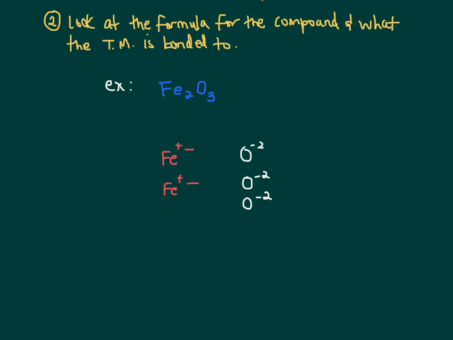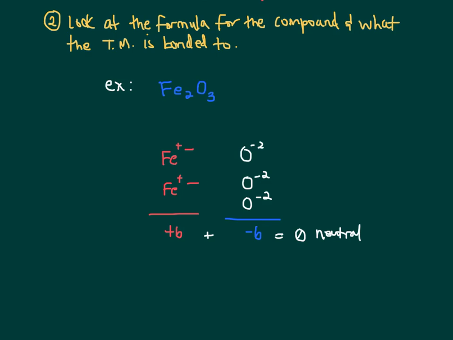So if you look at how many irons you have and how many oxygens you have, you should be able to figure out the charge on your iron pretty easily. If you have a total of 3 oxygens, and each of them has a -2 charge, that's going to add up to -6 total negative charge in this compound, which means that our irons have to add up to +6, so that when we add these two things together, it's going to equal 0, or neutral, right?